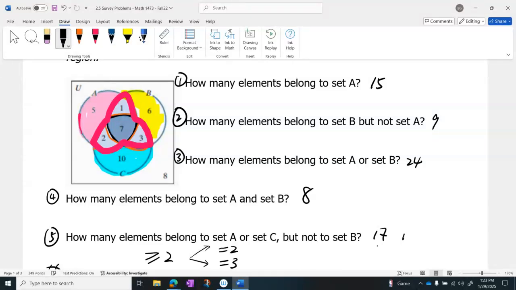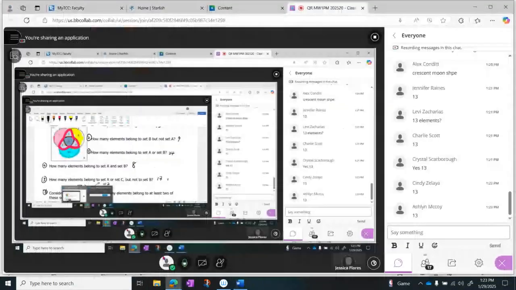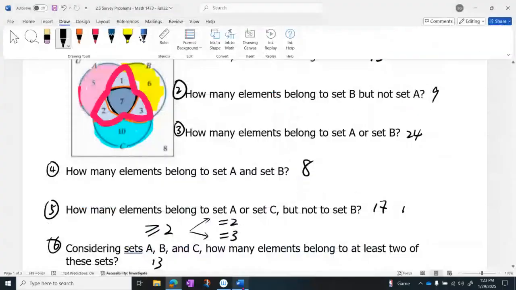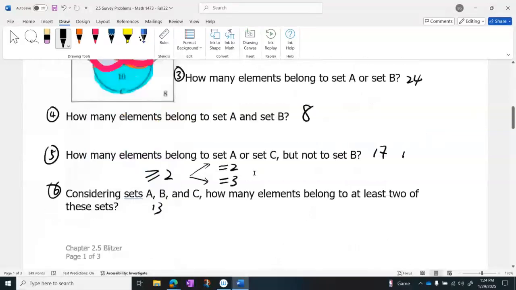There are 13 elements belonging to at least 2 of the 3 sets. Very good, perfect. This is a warm-up problem, just to get used to identifying the cardinalities for the regions and understanding the Venn diagram. All right, let's continue.